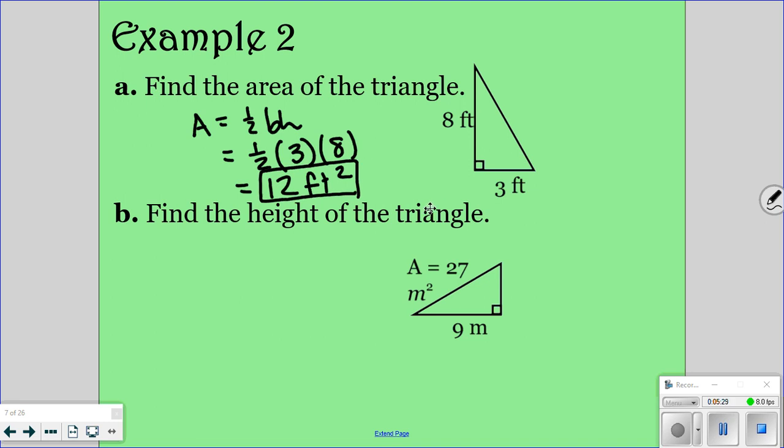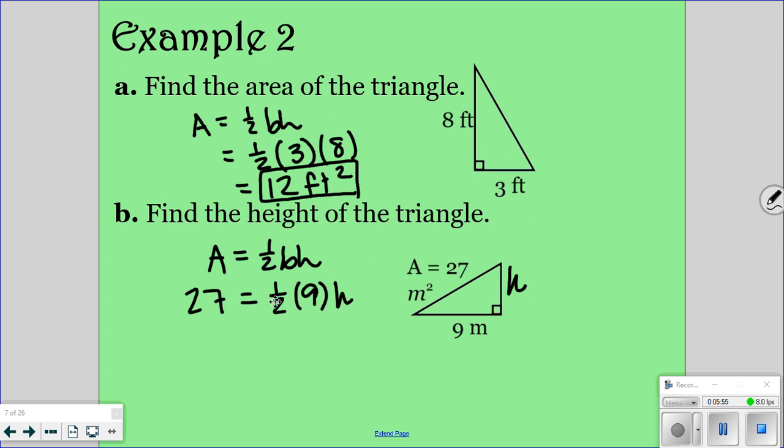Now for this one, it wants us to find the height of the figure. So it told us the area was 27, and it told us the base was 9. But we don't know what the height is here. So we're going to start with our area formula, and we're going to plug in that area is 27, and that equals 1/2 times the base, which is 9, and we don't know the height.